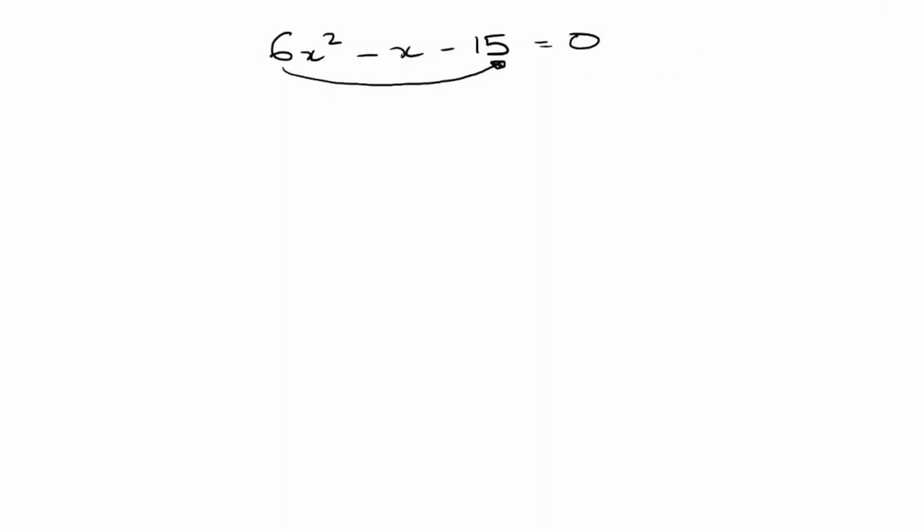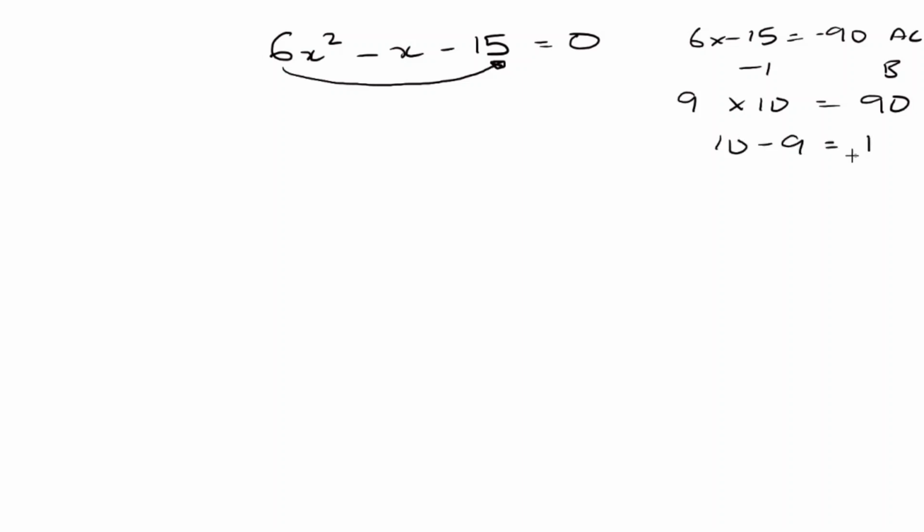In this case, we find that 6 times negative 15, which is negative 90, is our AC, and negative 1 is our B. I think we know that 9 and 10 will give us 90, and we also know that 10 minus 9 gives us 1.